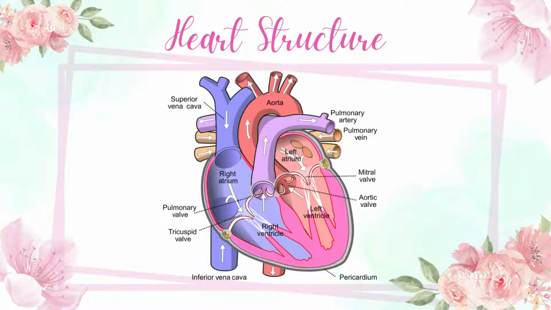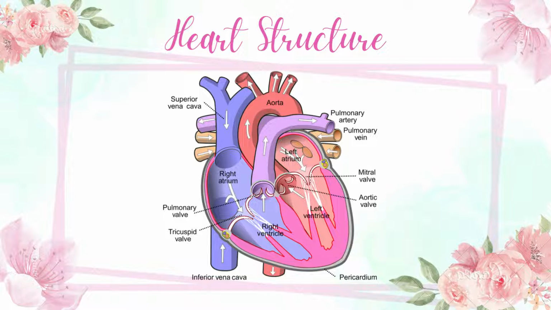And aorta supplies this oxygenated blood to all parts of the body. When the blood flows from left ventricle to the aorta, aortic valve opens up so that there is a smooth flow of the blood. Now these valves are really very important: tricuspid valve, bicuspid valve, pulmonary valve, and aortic valve.